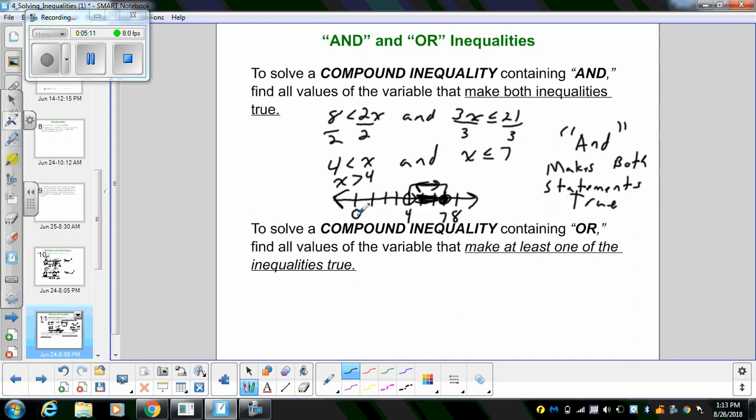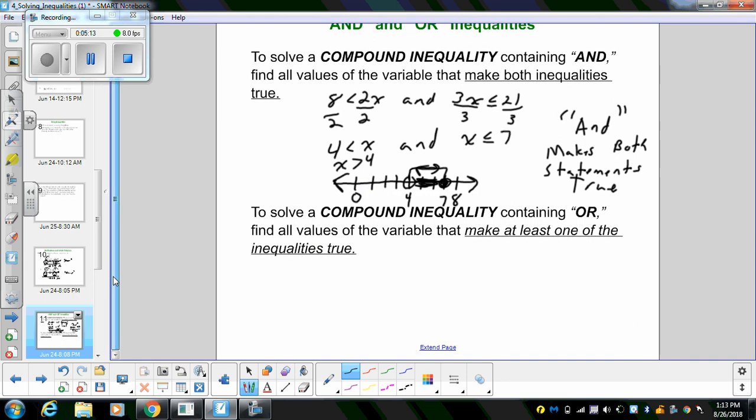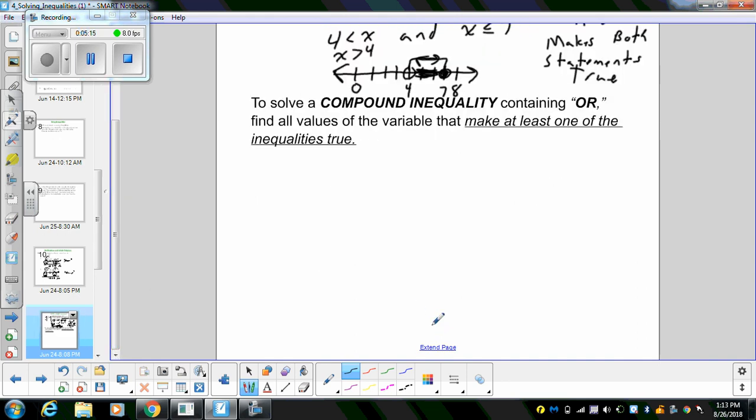Okay. It's different, though, when we're dealing with the or. So to solve a compound inequality containing or, we're going to find all values of the variable that make at least one of the inequalities true. So if we have something like this, 9 plus m is greater than or equal to 12, or 6 plus m is less than 2.